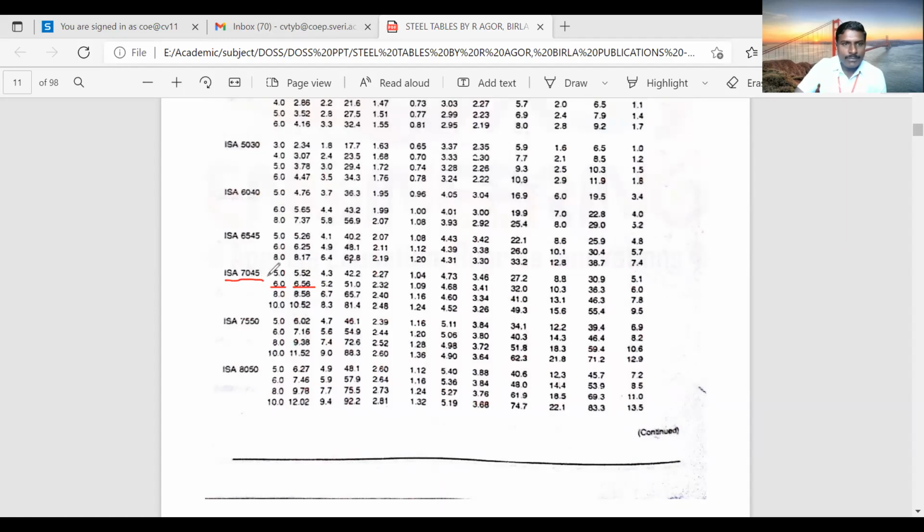ISA 70 by 45 by 6, having the gross area 656 mm square. Are you getting? Okay. So this section we will select for this particular area.